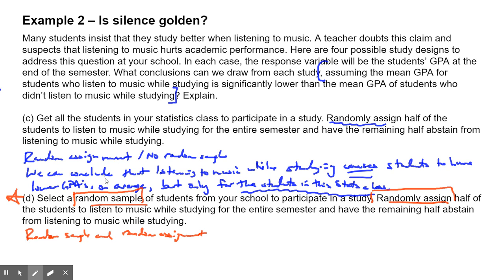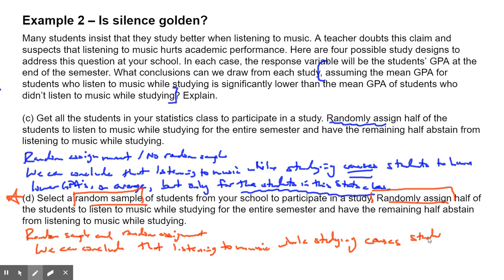Okay, so here's our answer, very similar to the one above. We can conclude that listening to music while studying causes students to have lower GPAs on average for all students at the school.